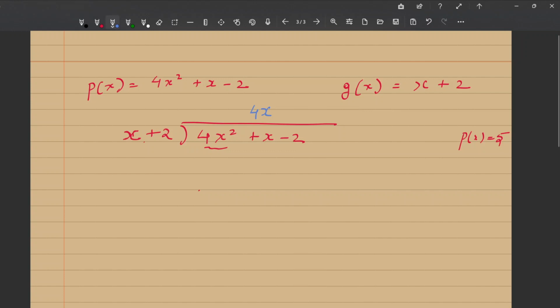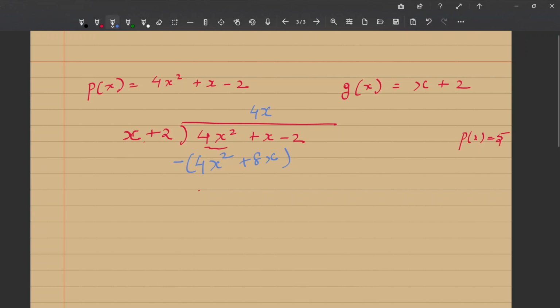4x into x, 4x squared; 4x into 2, 8x, right? And just like we did in our numerical division, now we have to subtract the whole thing, right? And that is minus 4x squared and minus 8x.